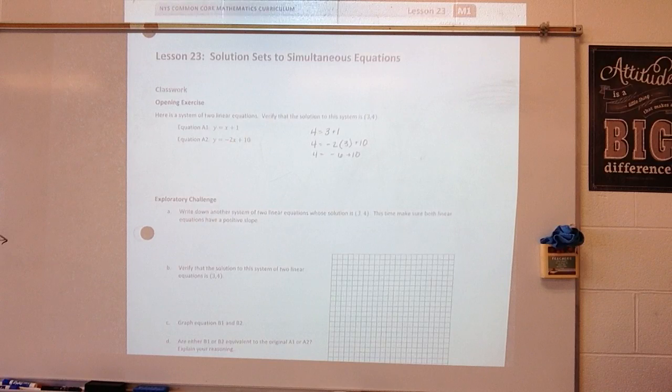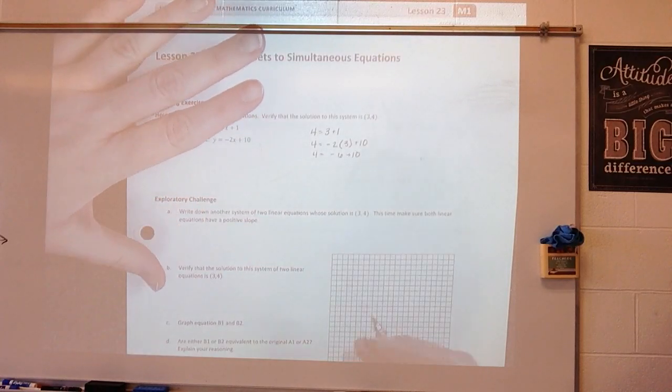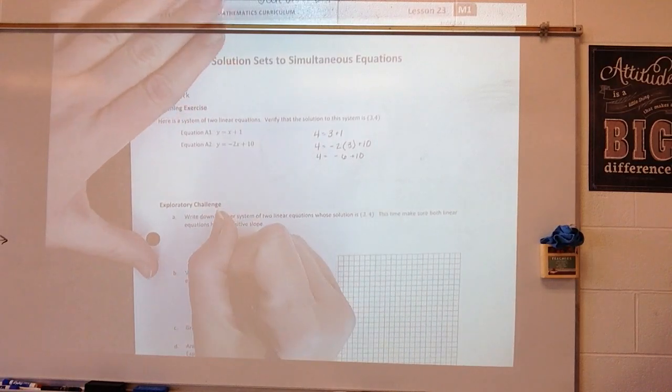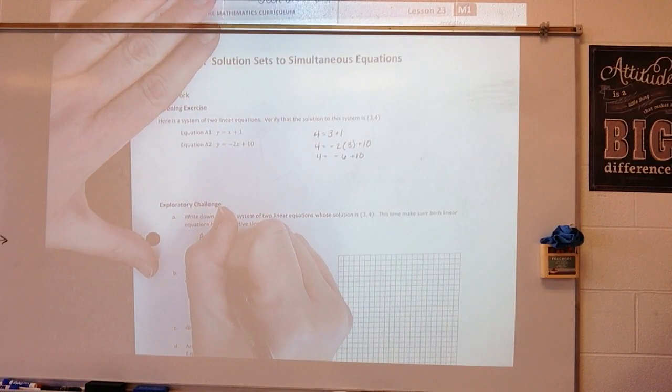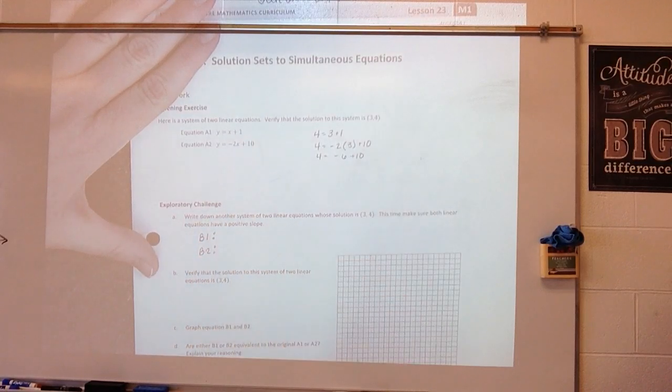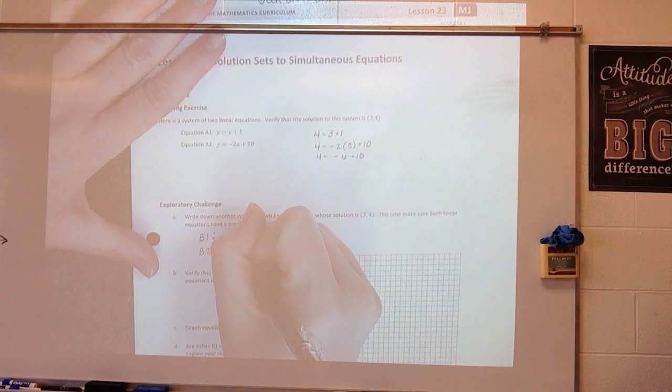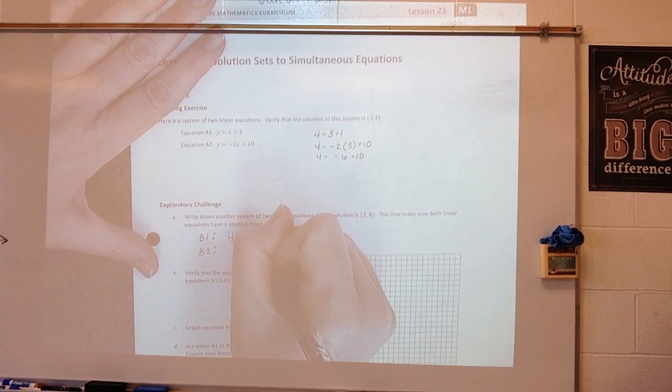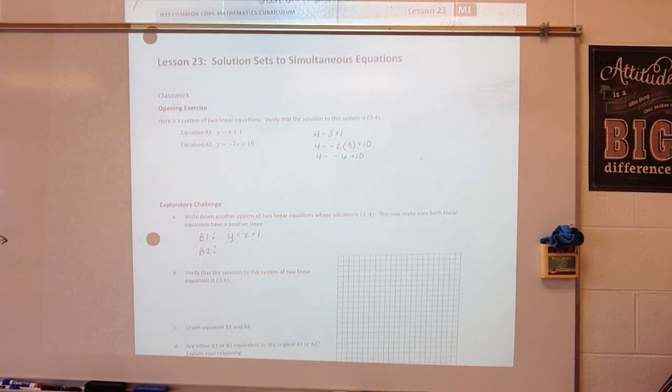So I want to make sure I have a positive slope. Alright, so I'm going to use an equation. We'll let this be B1 and B2. And we're going to use y is equal to x plus 1. We can use that. And then I want to change my second equation.